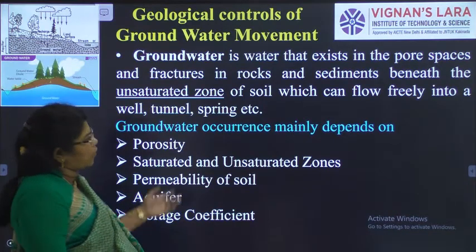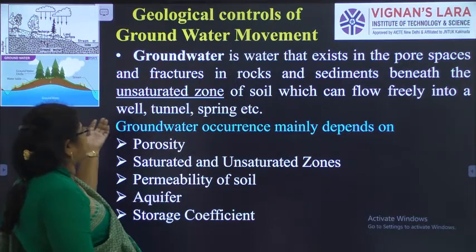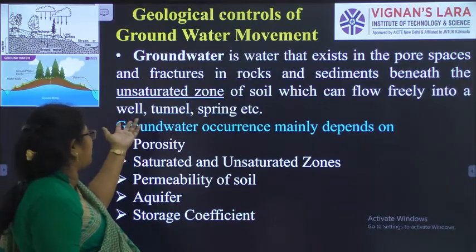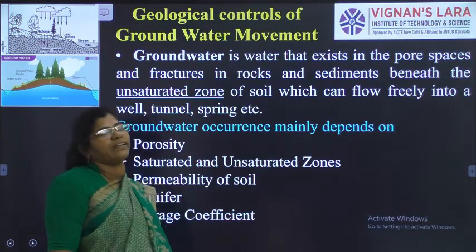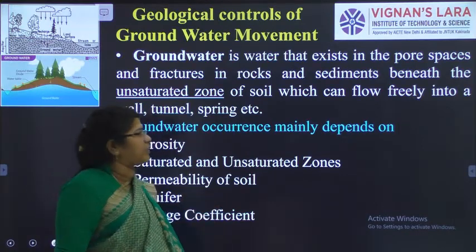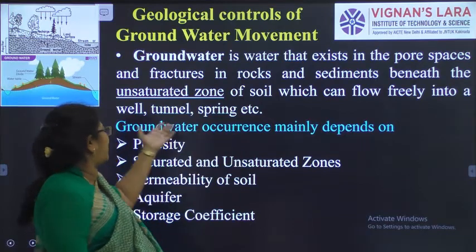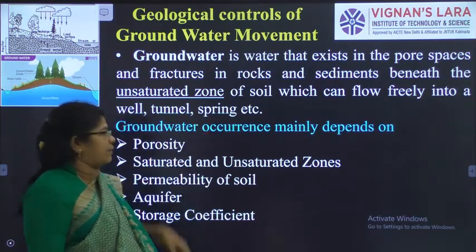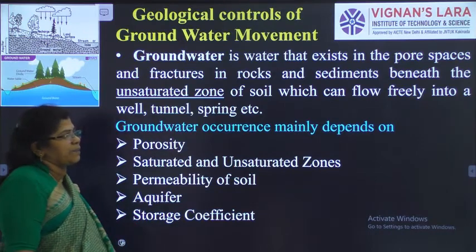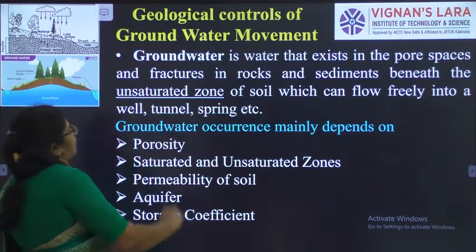Groundwater is the water that exists in the pores, spaces and fractures in rocks and sediments beneath the unsaturated zone, that is, in the saturated zone of soil, which can flow freely into a well, tunnel, spring, etc. Its occurrence mainly depends on these controls.